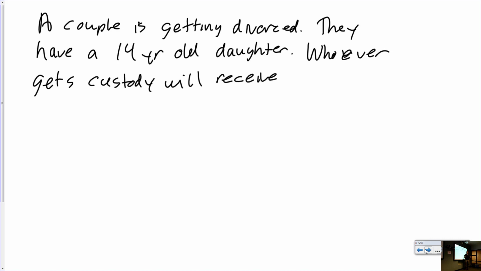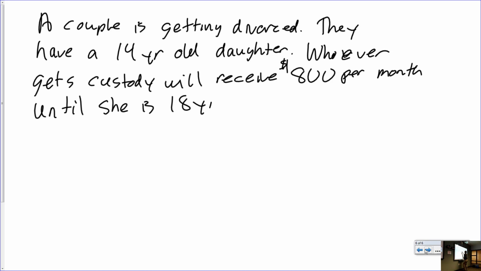Anybody got a rough idea? I have no clue. Like $800 a month? Sound reasonable? Yeah, okay. We'll receive $800 per month until she's 18 years old. There are now also provisions that whoever has custody or whoever's paying child support will also potentially have to pay for schooling past age 18, but I don't know any of those rules or laws, so this is the one that I know basically will happen, all right?